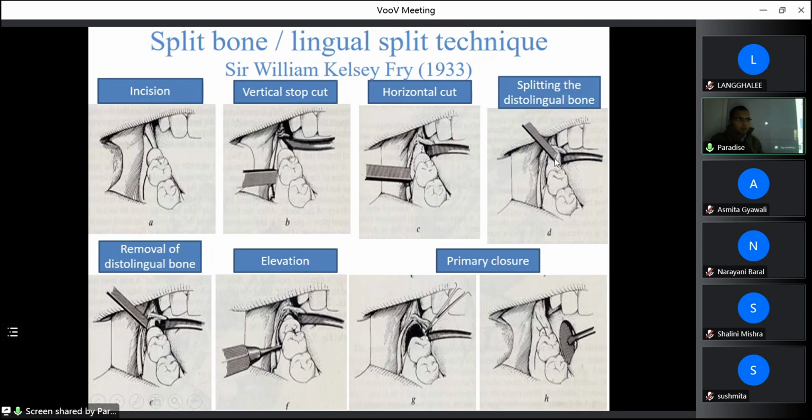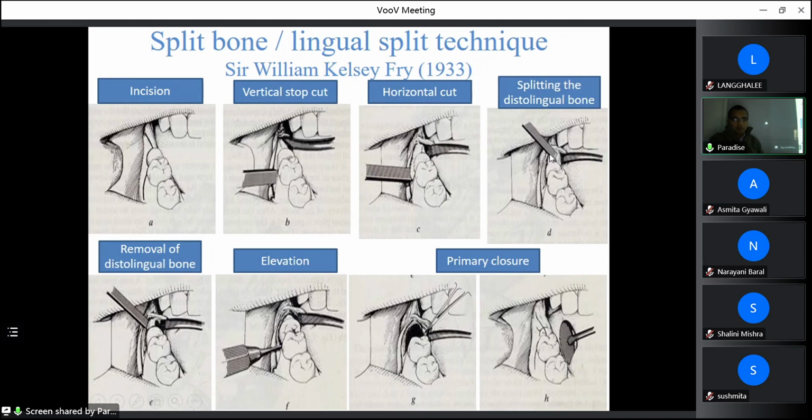That's the difference from other techniques. We never remove the lingual bone using a bur or in any method. Just we do the buccal cutting, we remove the buccal bone, then you start sectioning the root. We never enter into the lingual surface, because if you do any instrumentation in the lingual surface, you may damage the lingual nerve, so you have to be careful. But in this technique, the lingual bone is also removed.